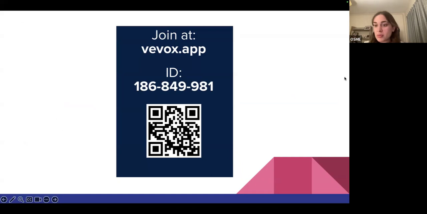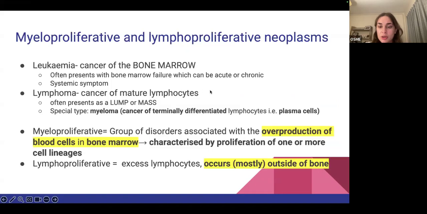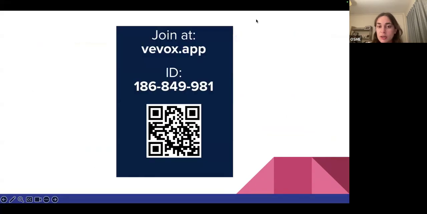So if everyone can hop back onto the VBox, and if people could react that they managed to get onto it. So I'll give a minute or two just to scan the QR code. Or would it be helpful for me to just put the code in the chat? Okay, fine.